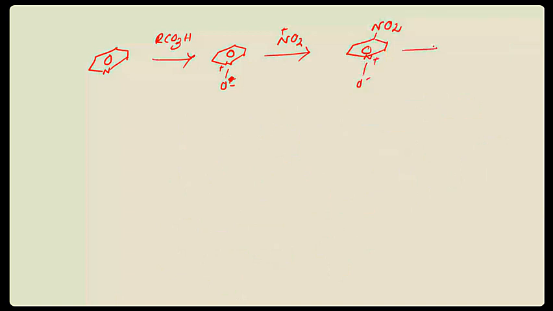Then, in previous classes, I told that phosphorus PCl3 can take away the oxygen from pyridine N-oxide. Then we have a nitro product.